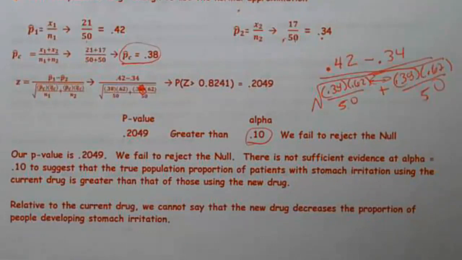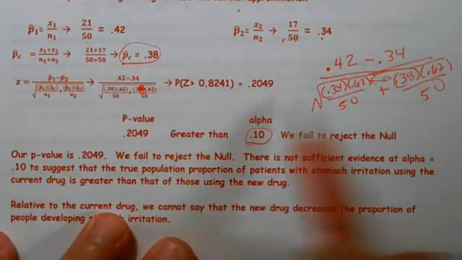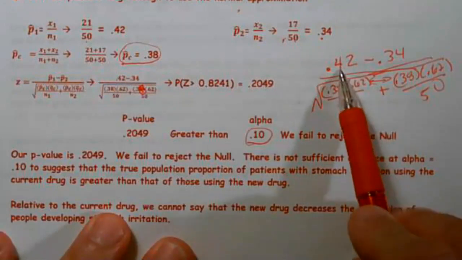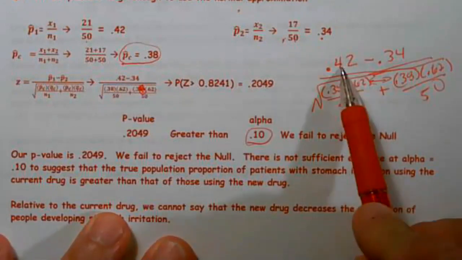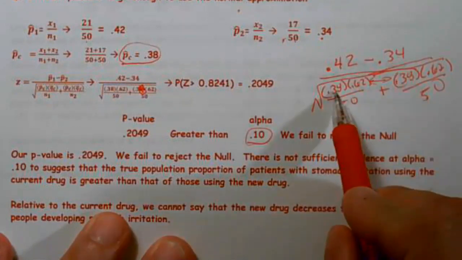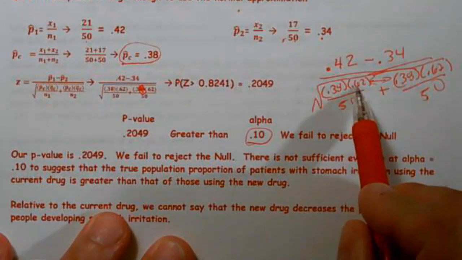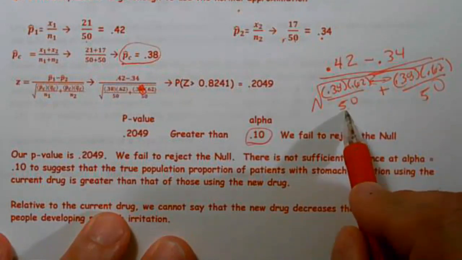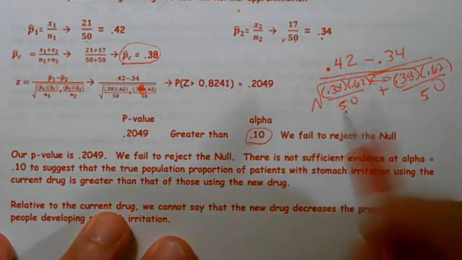Okay, it was pointed out to me that the small print was way too small to read, so here we go. This is the P of the current minus the P of the new. This is 0.38 for the P combined. 1 minus that is 0.62 over the current sample size.